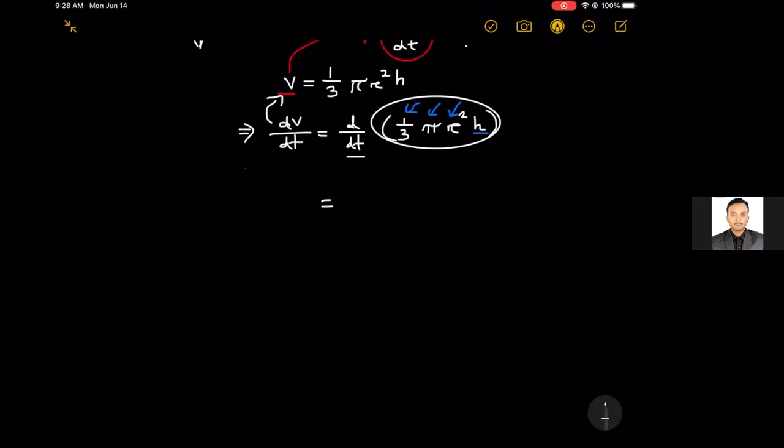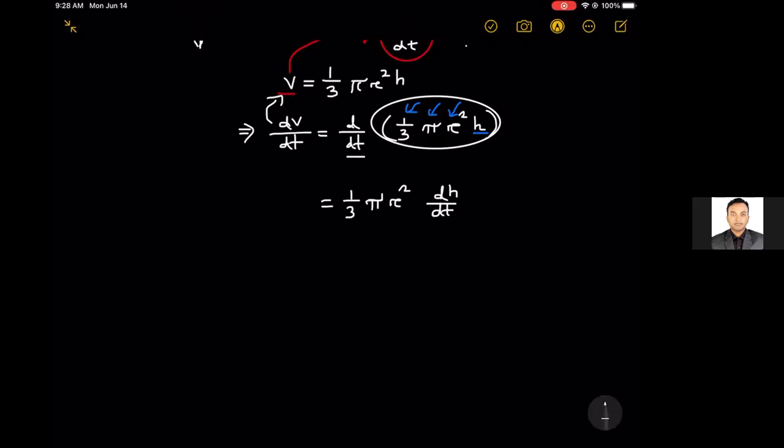So 1/3 pi r squared, all of these are constant. So the only thing we have is the derivative of h in terms of t. Do you agree? Because only that thing is changing in terms of time.